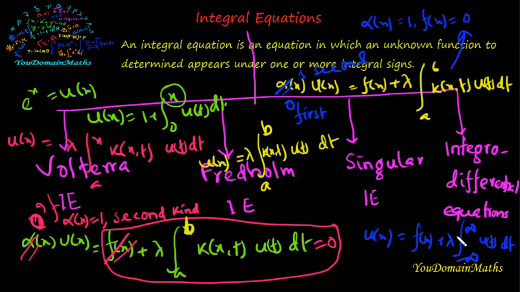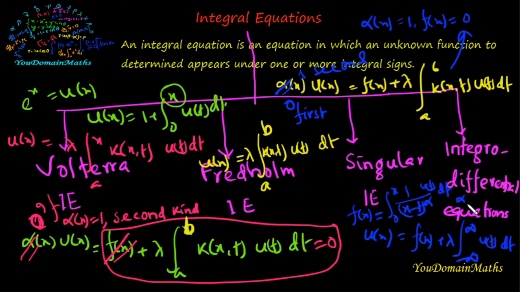We see another type of integral equation. If f of x equals the integral from 0 to x of 1 by (x minus t) to the power alpha times u of t dt.